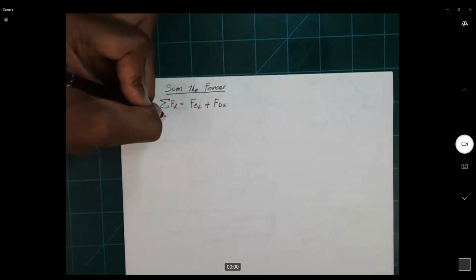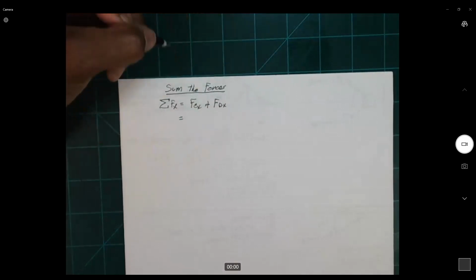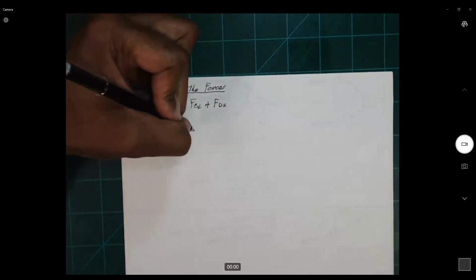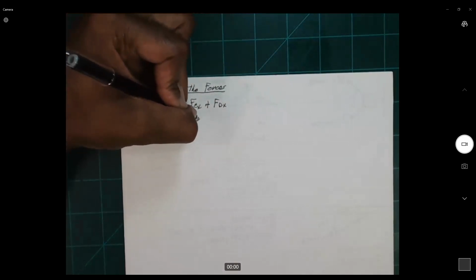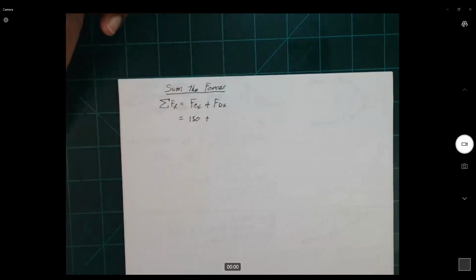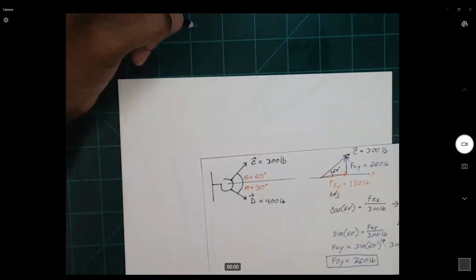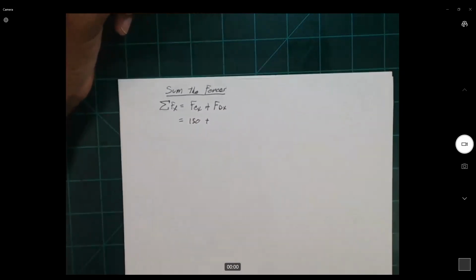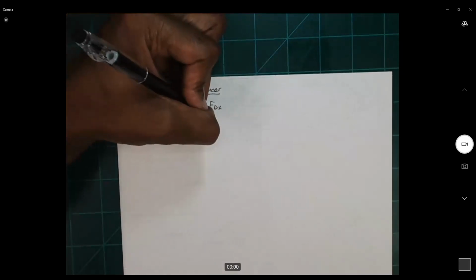Okay. So we're going to sum force CX. Force CX equals 150 pounds. Let's say that was 300. Let's say 350 pounds.